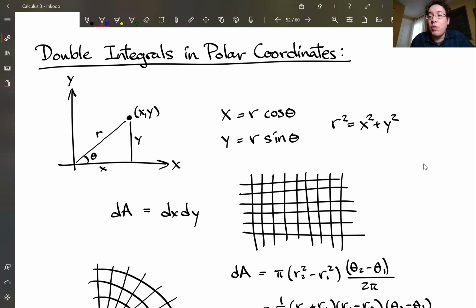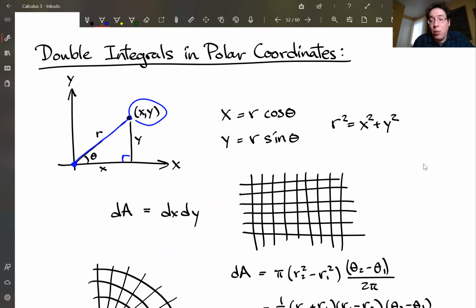Let me quickly remind you what polar coordinates are. Let's say you have a point in a two-dimensional region, with coordinates x comma y. You can draw a line from the origin to the point, and then make a right triangle with the base the length of the x coordinate and the y coordinate leading up to the point on the plane.